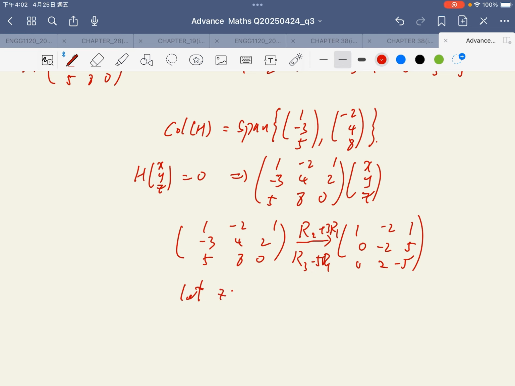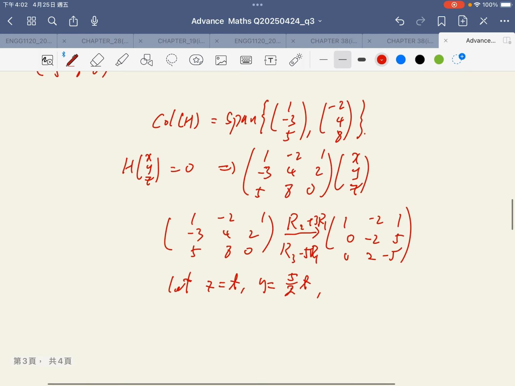Let z equal t, and then y is equal to 5t over 2. And then x minus 5t plus t equal to 0, so x equal to 4t.